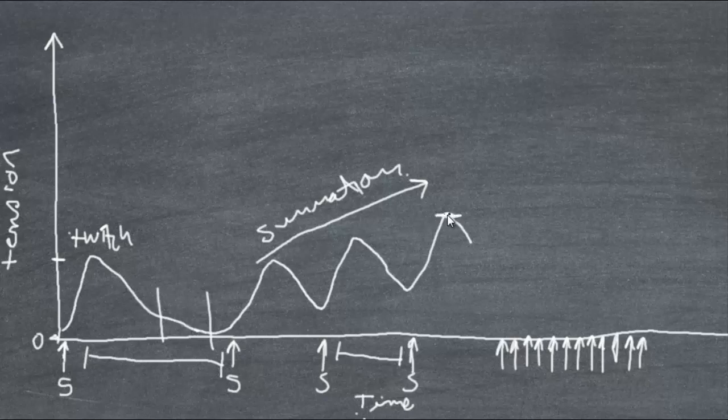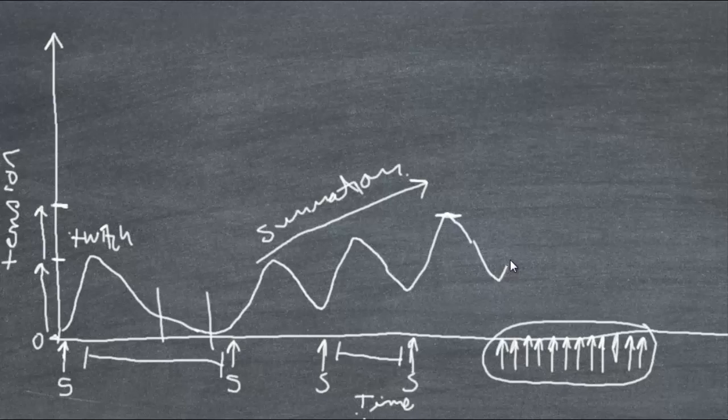So see what happened with the amount of tension we got here. It probably increased to here. So we're seeing this increase with one twitch, tension to here. When we have summation, tension increases up to here. But what happens when we get all of these stimuli in a very short period of time? Well, I think you're going to be able to predict what happens here.